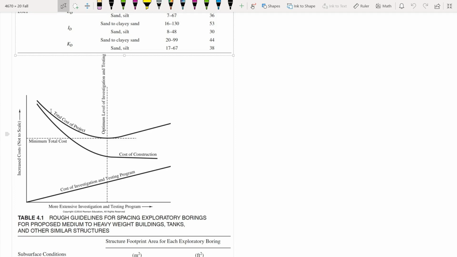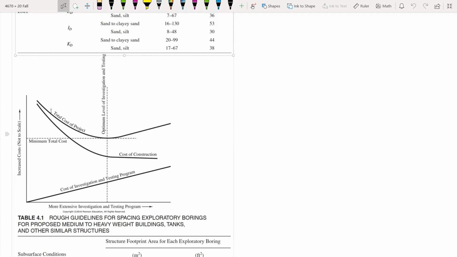For example, you underestimate the soil strength parameters, you end up with structure collapse, so it becomes very expensive to fix the projects.